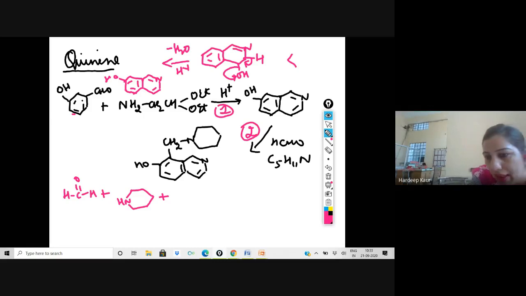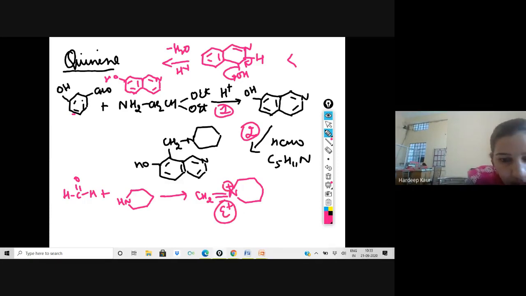So this will give this thing. CH2 imine is formed. N positive. Okay. So this iminium acts as electrophile. And this electrophile then attacks on quinoline nucleus.